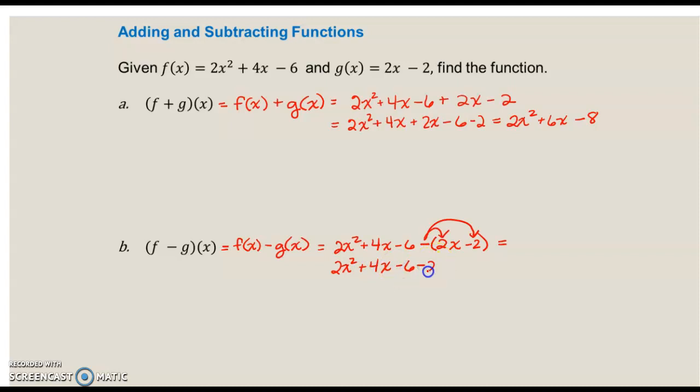Then that's going to be a negative 2x and a positive 2. That's going to leave you 2x squared, the 4x minus 2x this time, and a negative 6 plus 2. So you will get 2x squared plus 2x minus 4. And that is your f minus g of x.